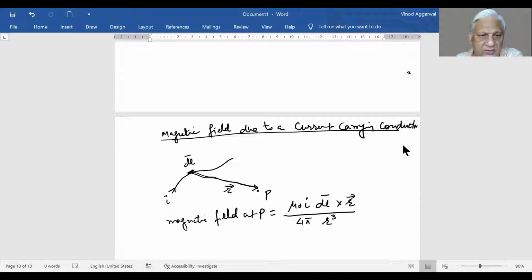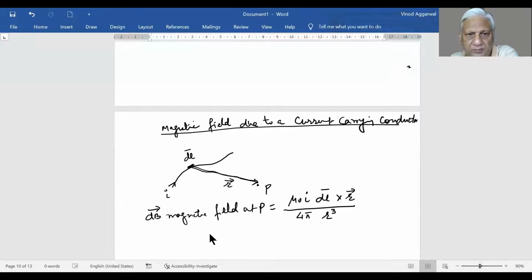So if we say this as dB, what this equation says is that if we take a small length of conductor dl, then the small magnetic field created by it at point P, which makes a position vector R with this dl, is given by this formula, wherein I is the current being carried by the conductor, dl is the length vector of the conductor, R is the position vector.